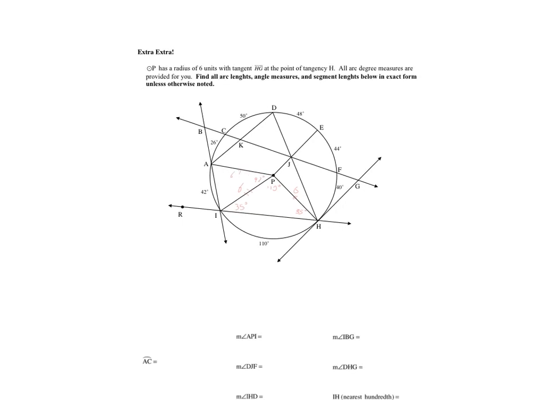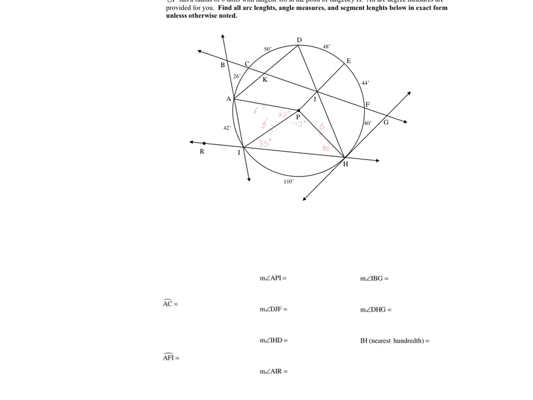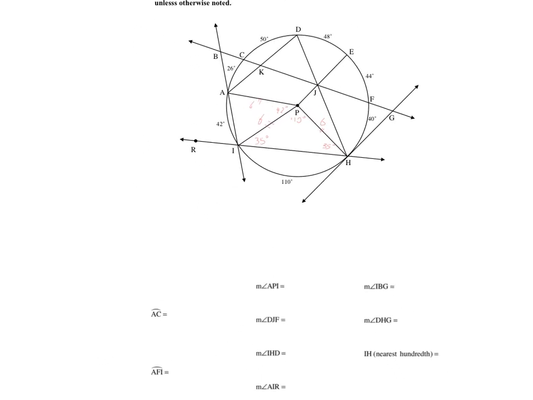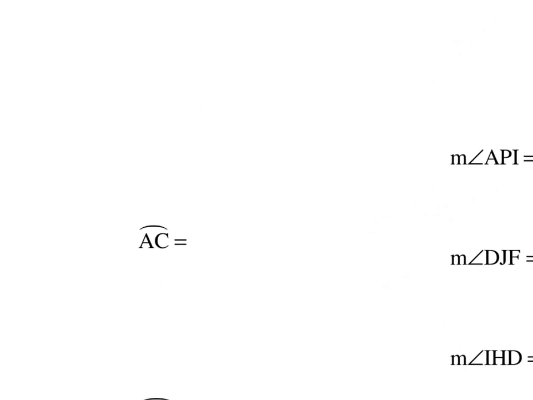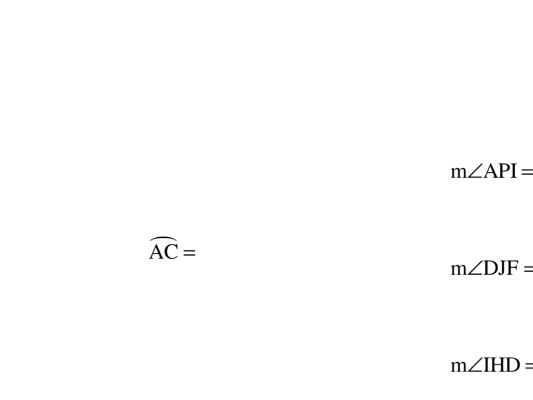We know that the central angle is going to be 26 degrees, and we are looking for an arc length here. So 26 over 360 times 2 times 6 times pi. So the arc length here is going to be 13 pi over 15.